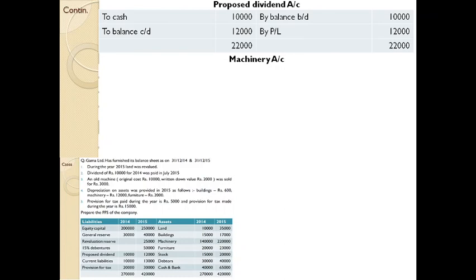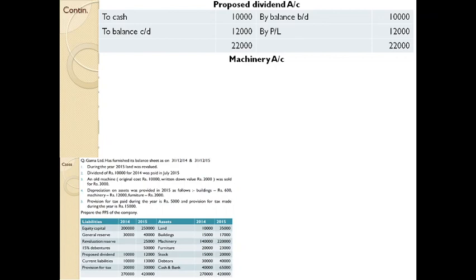As per the information given here, the difference between these two means depreciation, as we have discussed. So if you take the difference between 10,000 and 2,000, you will get 8,000. So depreciation of that machinery is 8,000. All that information is correct. But if you go through the adjustments thoroughly, you can see that in the next line it is given that depreciation on assets was provided during the year, and for various items it is given: building 600, machinery 12,000.